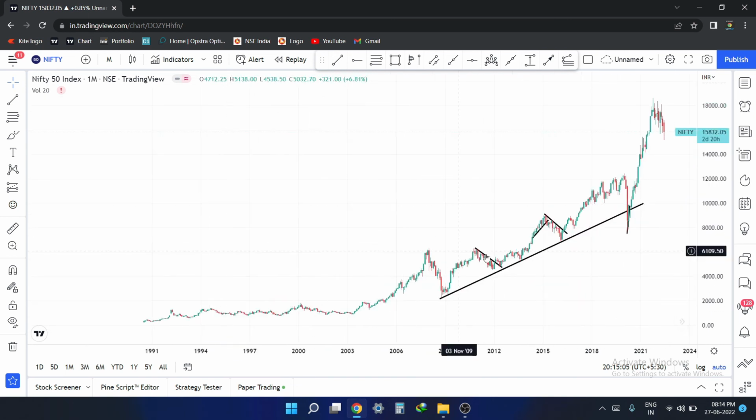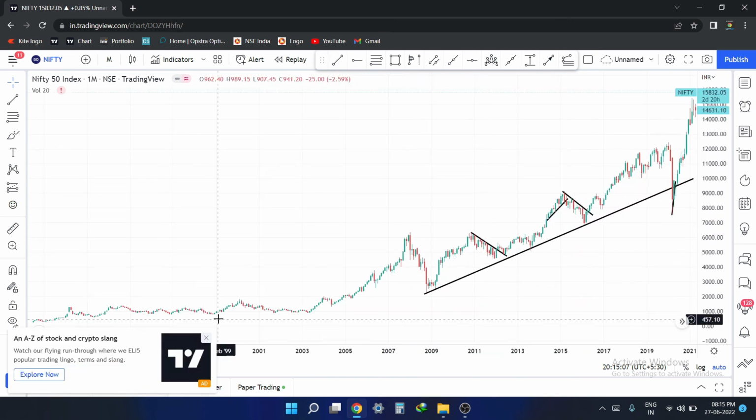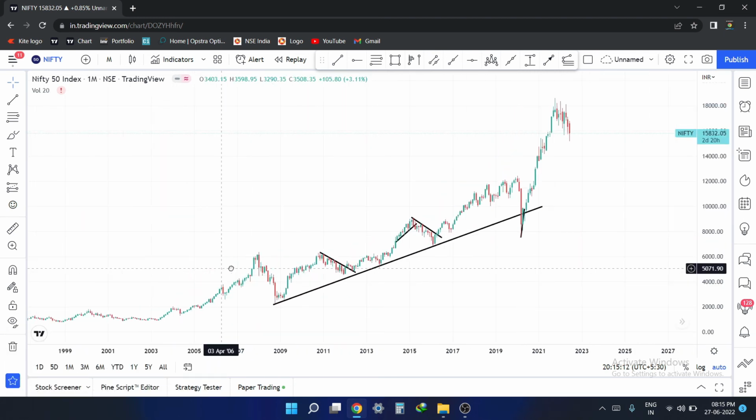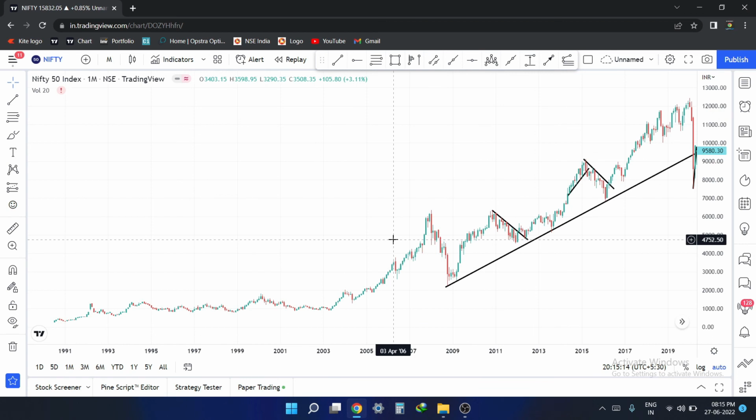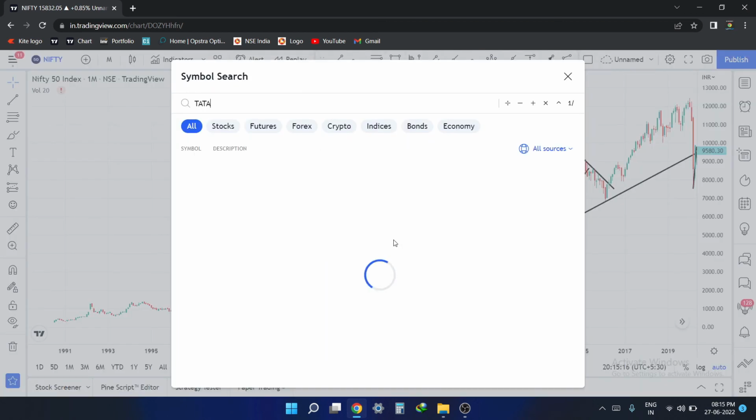No, there is no too flat trend line. Let me remove it. No. Let's go to another stock, Tata Steel.